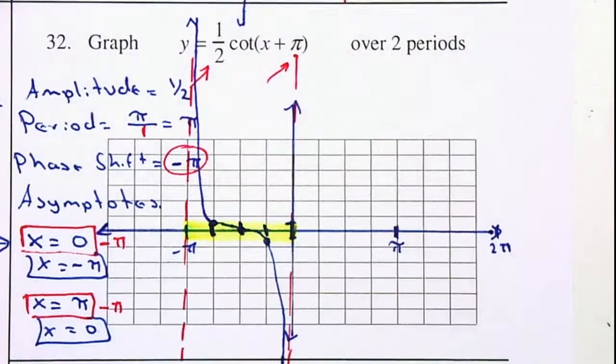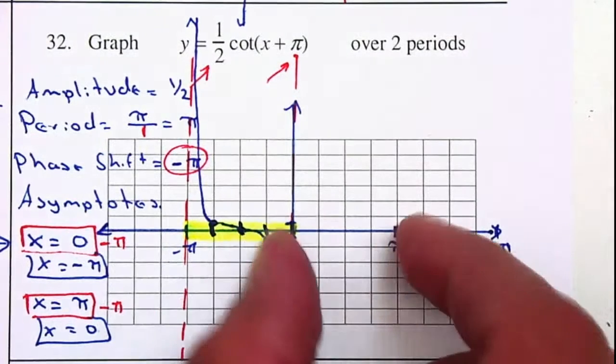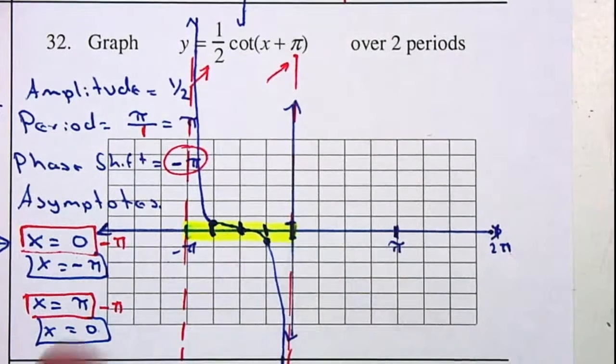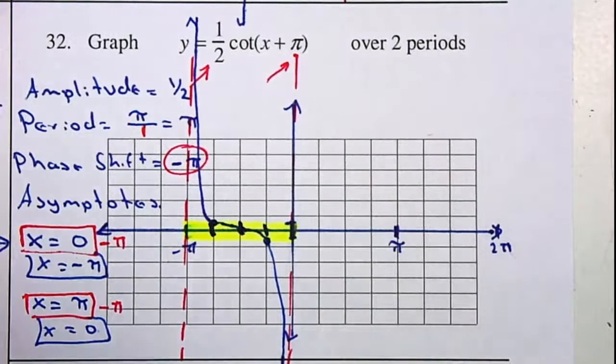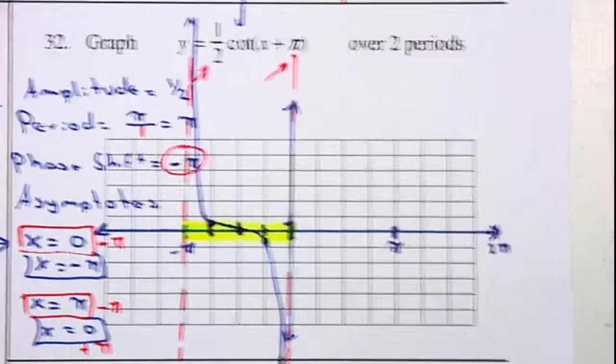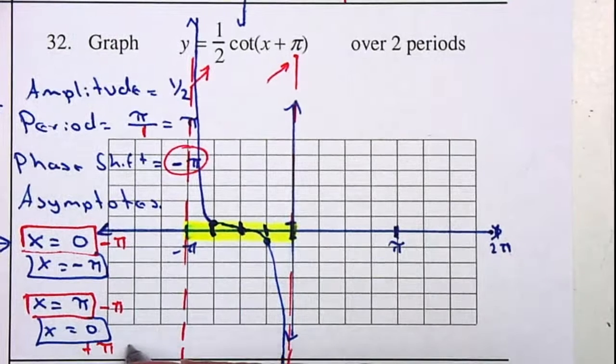So therefore I need to find my other asymptote. I'm going to take my end asymptote, which is 0, and I'm going to add my period, so plus pi. So therefore my next asymptote will be at x equal to pi.